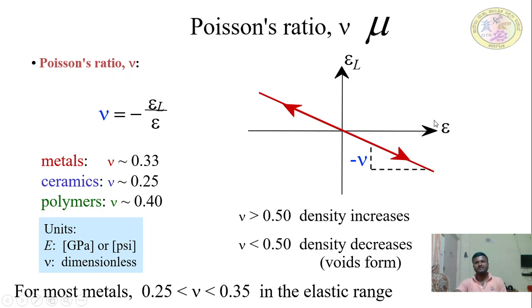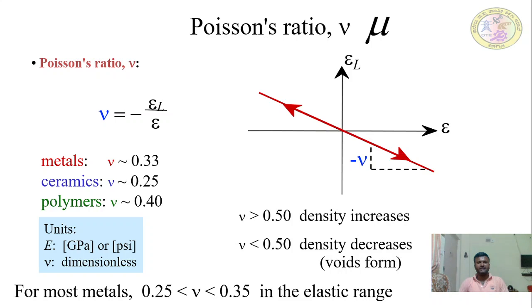Here is the strain representation and the sign conventions, and these are the materials we have: metals 0.33, ceramic materials 0.25, and polymers 0.45. Always the Poisson's ratio value is between 0 and 0.5.